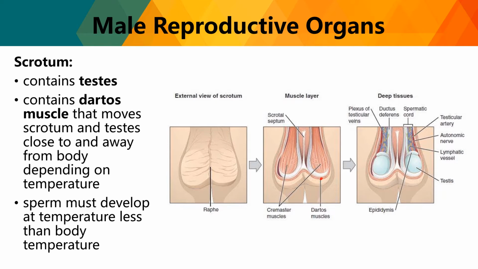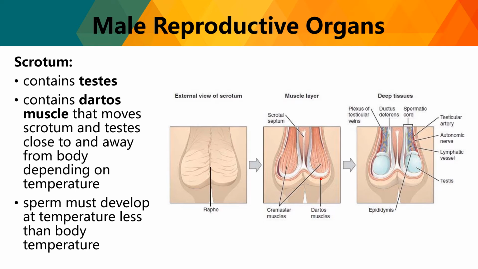But if it's humid or hot, your testis and scrotum move away from your body. The sperm must develop at a temperature less than the body temperature, so it requires a cooler temperature for the male reproductive system to produce sperm.